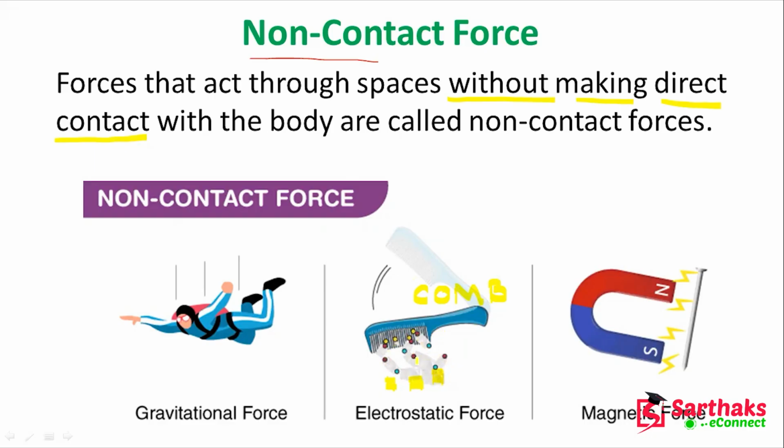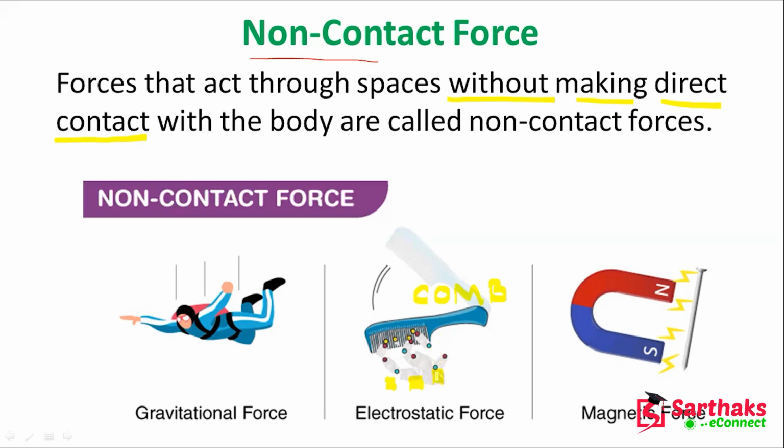So some charges have been developed here, and this is the electrostatic force. It is also another type of non-contact force, because here the comb is not in contact with the pieces of paper.